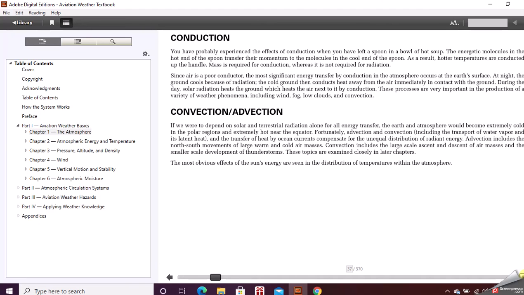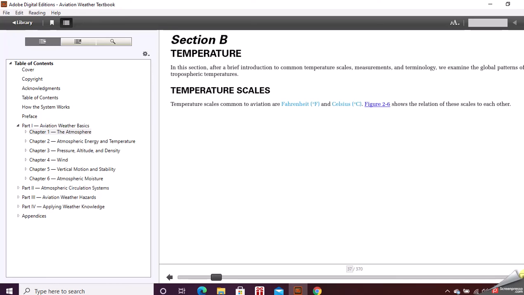Conduction and convection move the temperatures around, energy transfer. Think about it, if you were on a bridge, you've all seen the signs that say bridge freezes before road surfaces. Well, what's happening is conduction is occurring. If your temperature is really cold, on both sides of that bridge, there's conduction occurring.